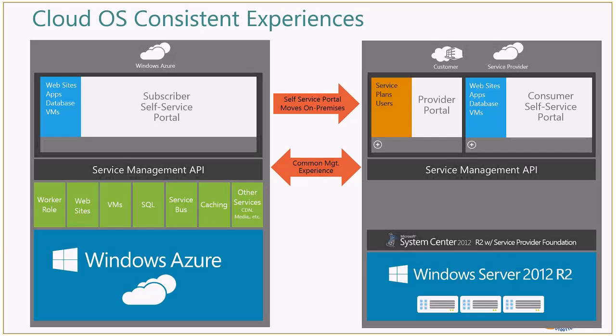Then you can create your own portals. That portal can be a web portal, it can be an application, it can be a mobile device. Those can be simply web scripts or PowerShell scripts, Node.js, whatever it may be that decides. Those all communicate directly to the Service Manager API.